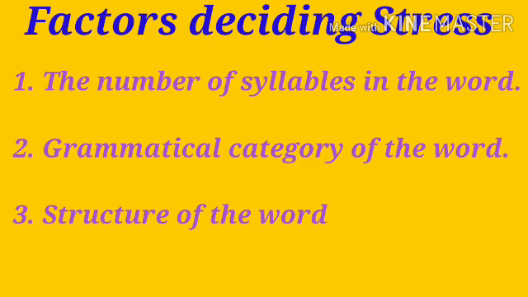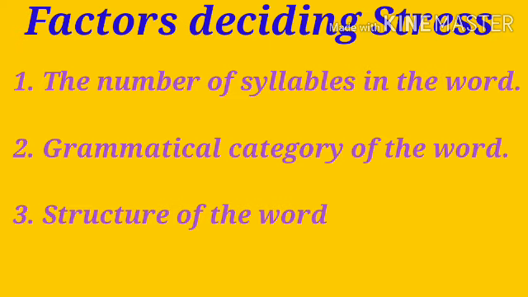Now we understand the factors that decide the stress of a syllable. The first one is the number of syllables in a word. If the word has more syllables, the stress changes from one syllable to the other. Next, the grammatical category, whether the word belongs to a verb, a noun, an adverb or an adjective, also decides the stress.